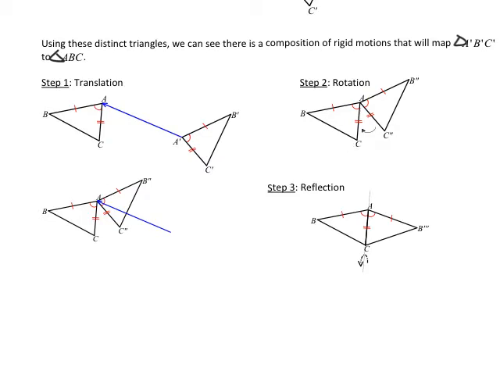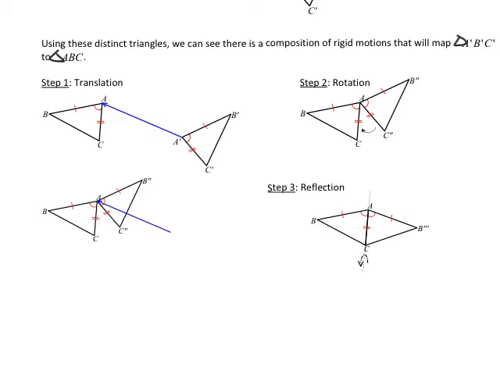So when we look at the reflection, A is lined up with A, C is lined up with C. If I reflect B double prime, because these 2 angles are congruent and these 2 lengths are congruent, that means that B triple prime has to end up at B. And then everything's going to line up.